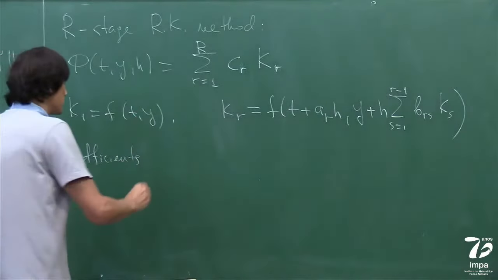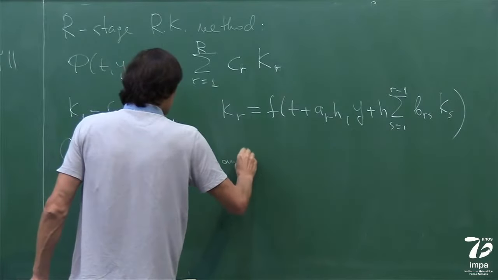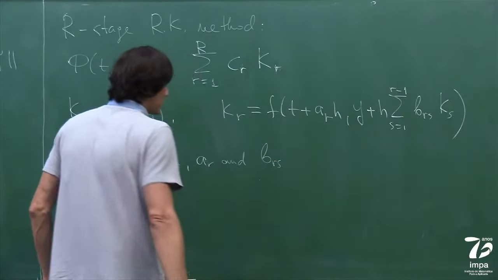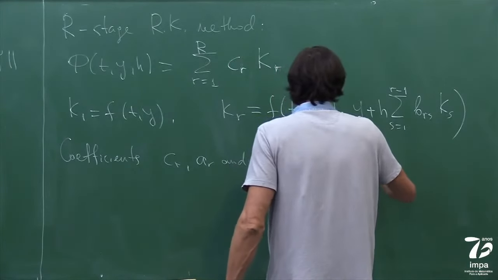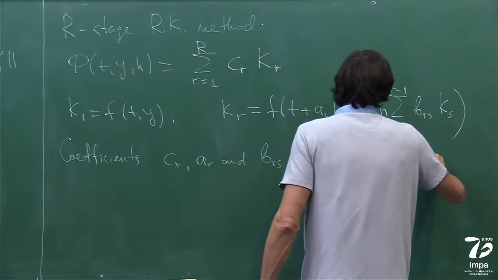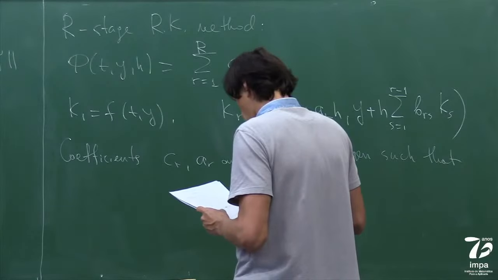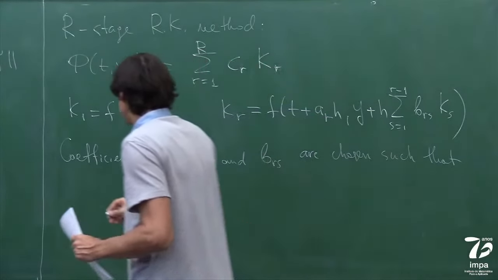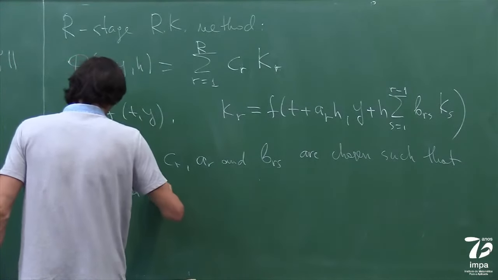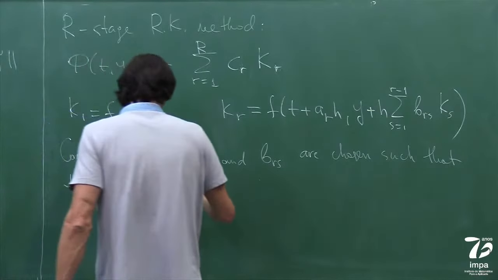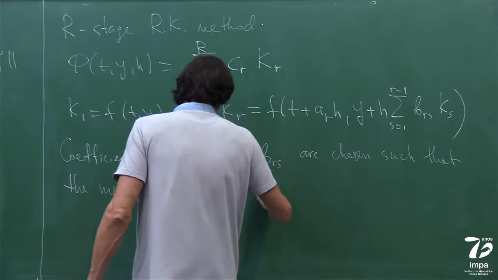There are coefficients c_r, a_r, and the matrix of coefficients b_rs, which are chosen such that the method has an order, usually order r.